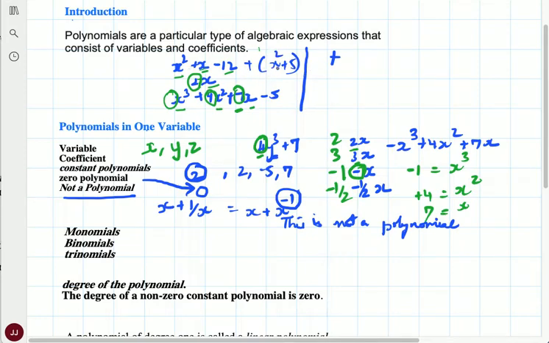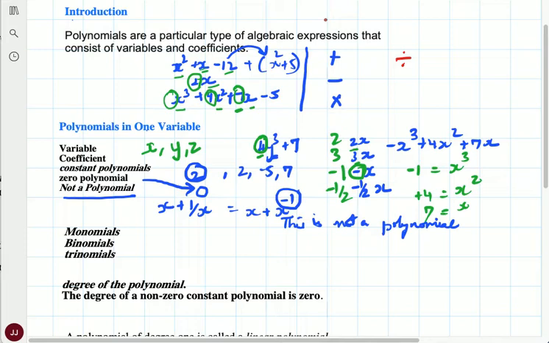You can perform addition between two polynomials, you can do a subtraction, and you can do a multiplication involving two polynomials, but you cannot do division. Division is not possible.